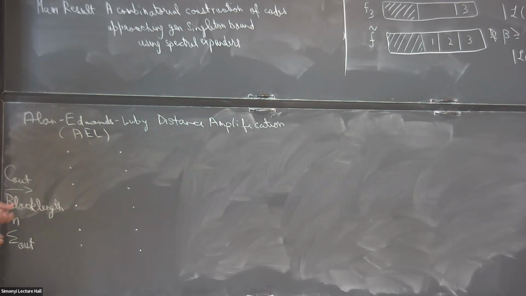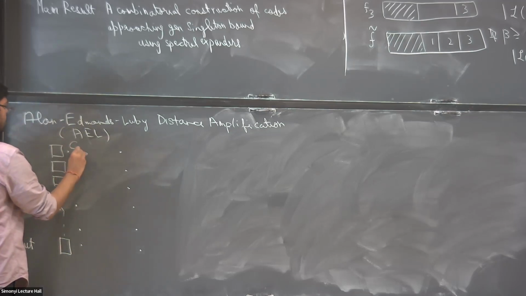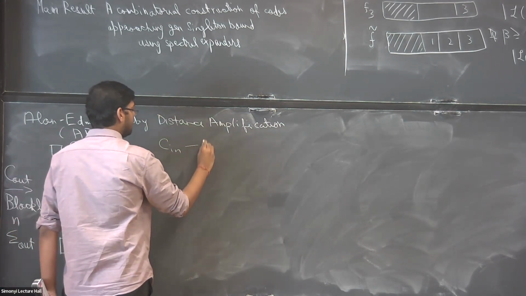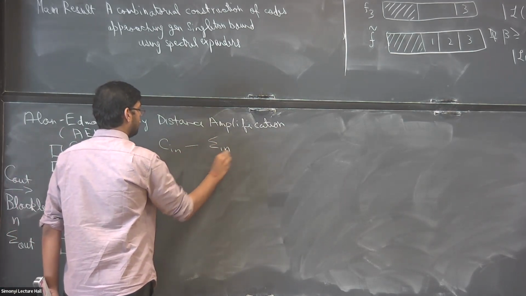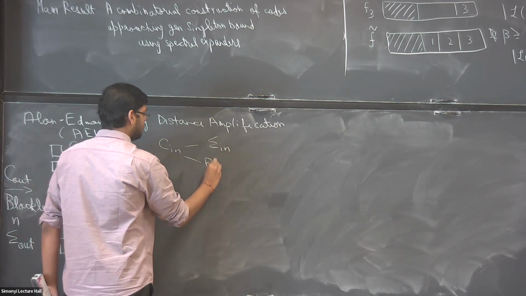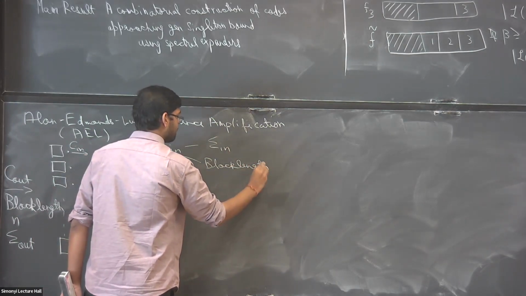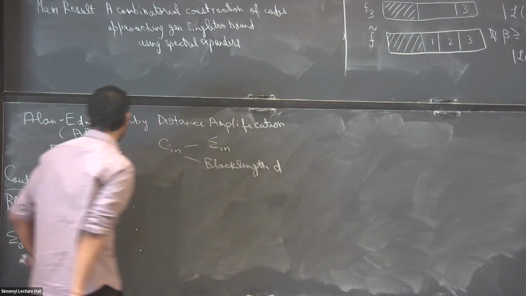So a code word of this can be associated to the vertices here by mapping them coordinate to vertex. And let's say there is an inner code. The inner code has alphabet sigma in, and the block length is D, the degree of the graph.